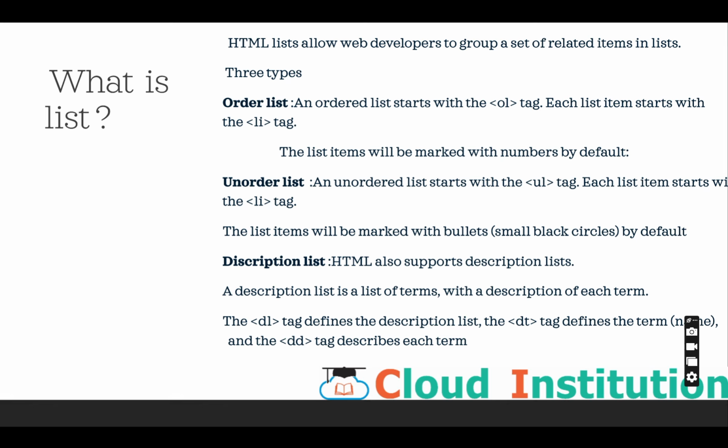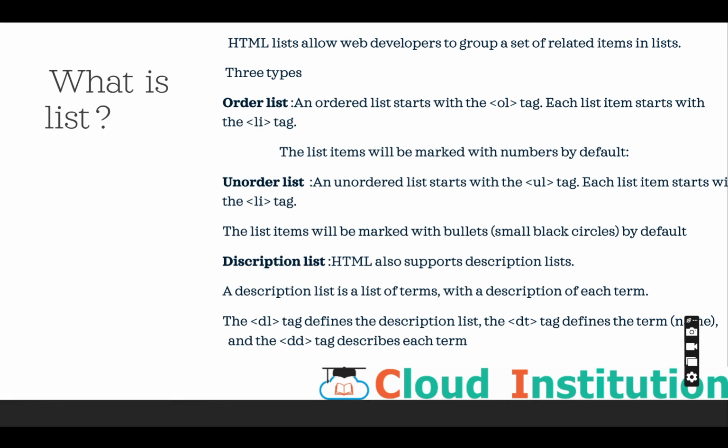So this is a description list. The description list is a list of terms with a description of each term. It uses the DL tag, the DT tag, and also the DD tag. The DL tag defines the description list, the DT tag defines the term, and the DD tag describes each term. So that is the description list.